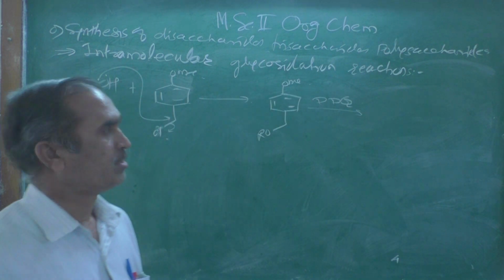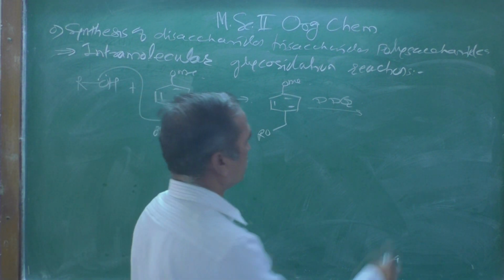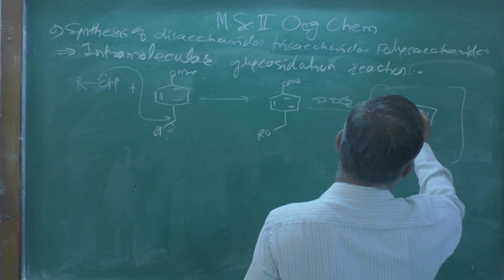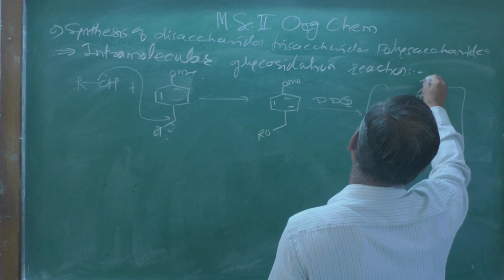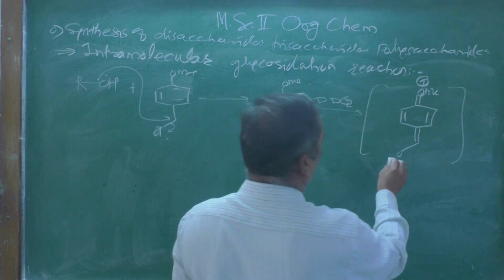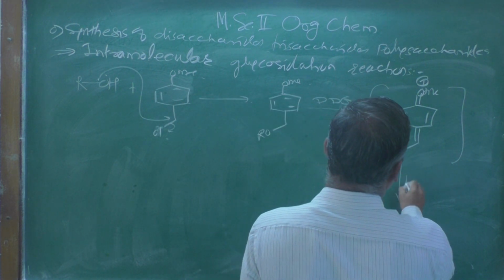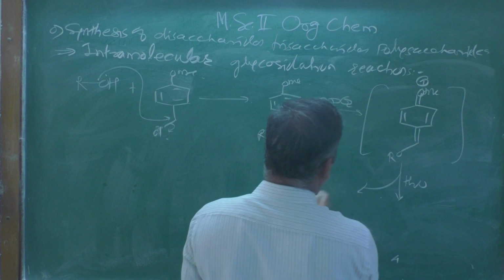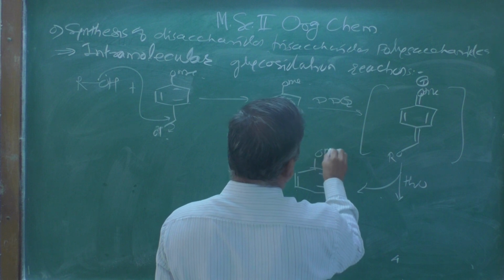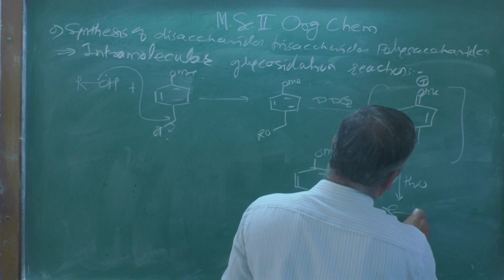DDQ means what? Dichlorodicyanobenzoquinone, and the intermediate will be formed like this, OMe plus, then double bond O. This compound is further treated with water and gives, as a side product, OMe with an aldehyde group CHO, and we will get back ROH.